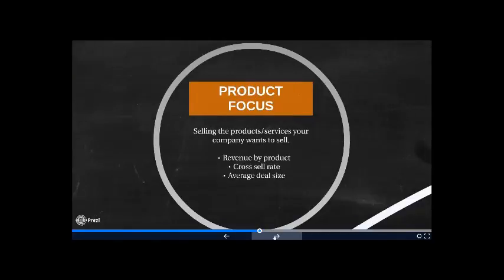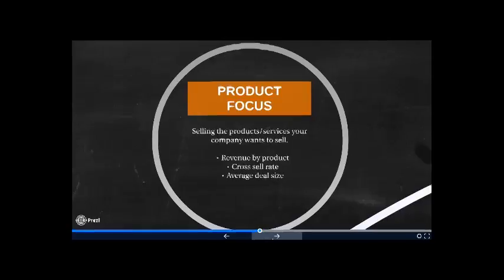The next sales objective that Jason looked at was product focus. This can be described as selling the products or services that your company wants to sell. So this may include revenue by product, cross-sell rate, and average deal size as a way of measuring this objective.